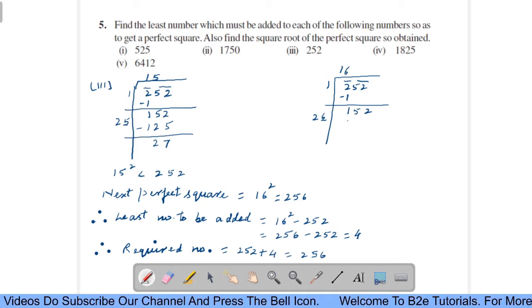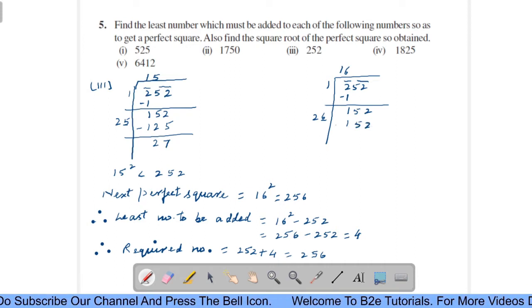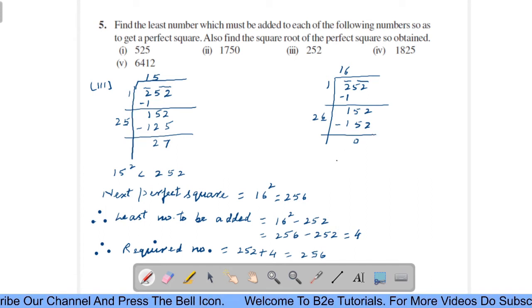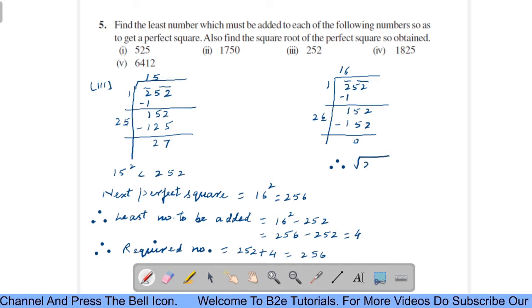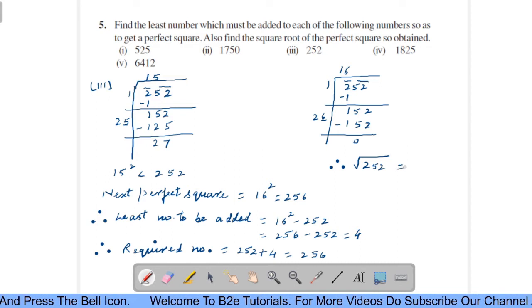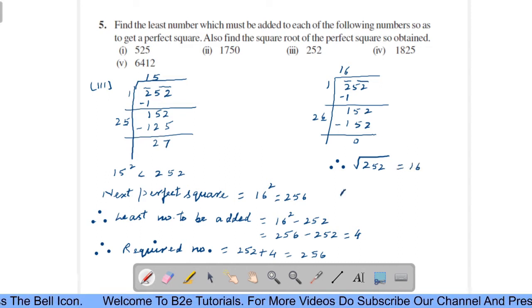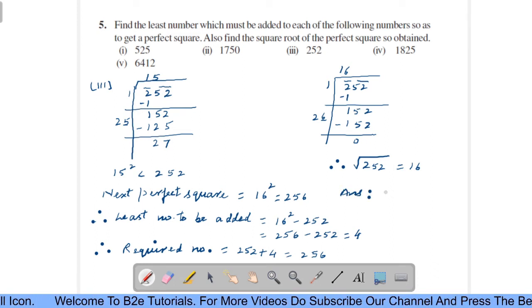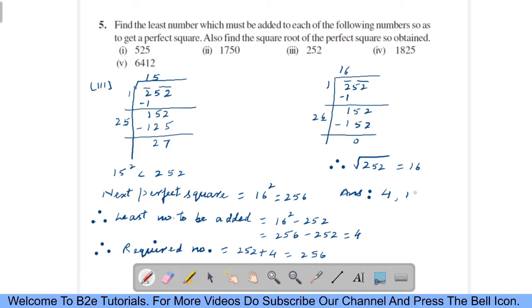You will get 152. Subtract it. What will you get? 0. Therefore, square root of 252, it is 16. Therefore, your answer is 4 and 16.